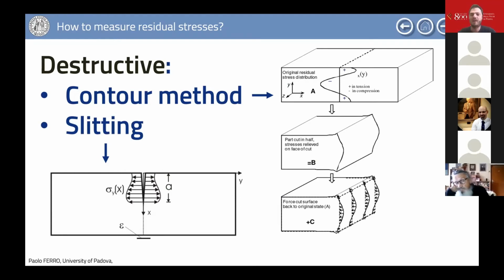Doing that, we are able to evaluate the residual stress that we have in the component across all the section and over all the surface where we have operated cuts. Of course, this stress field we applied will have an opposite sign compared to the real residual stress we have in reality in the component.